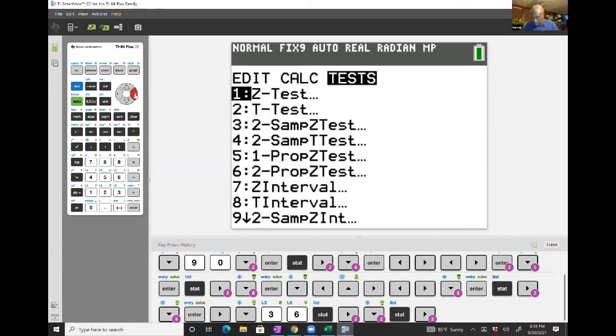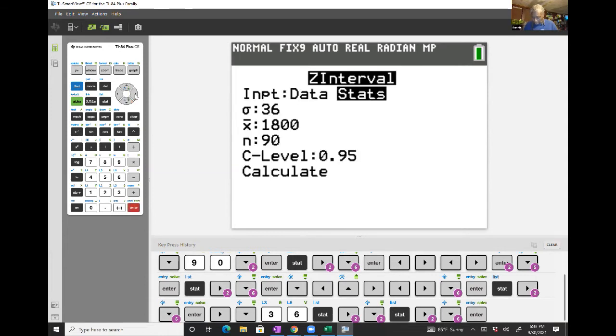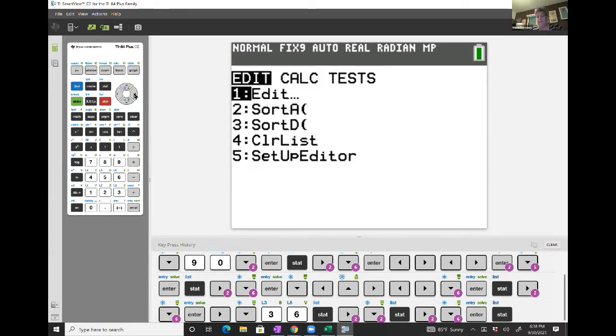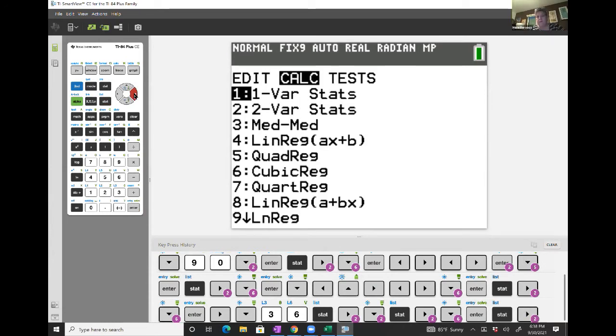Scroll down to Z interval. Wait a minute. Go back up. Stat, enter. Go over to test.